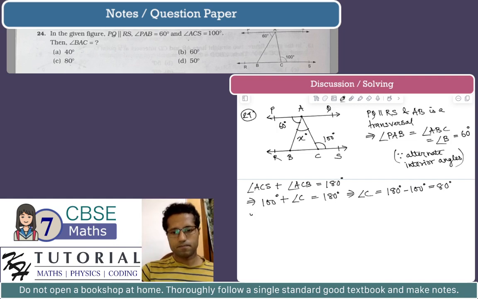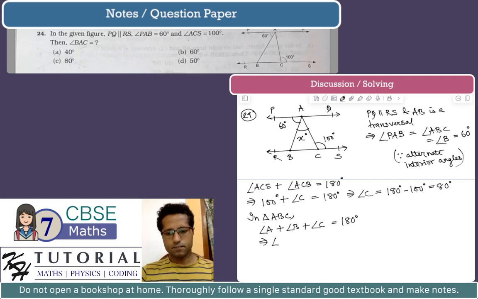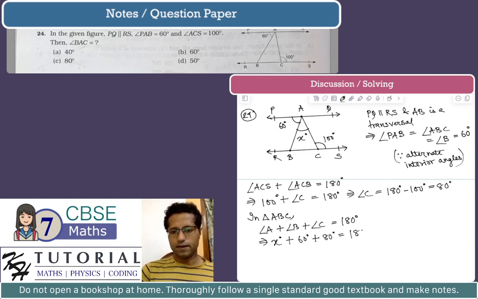Now in triangle ABC, we know that the sum of the three angles should be equal to 180 degree using the angle sum property of a triangle. This implies, what is angle A? Angle A we have assumed to be x degree, and what is B? Angle B is 60 degree, and what is C? C is 80 degree, and the sum is equal to 180 degree.